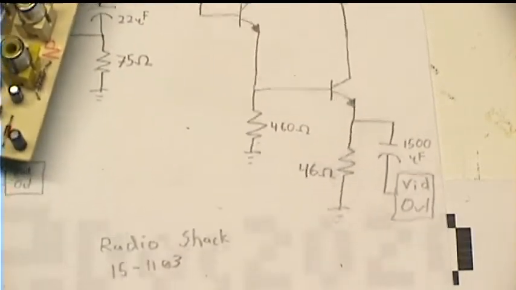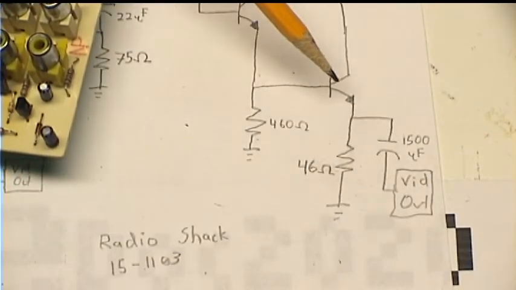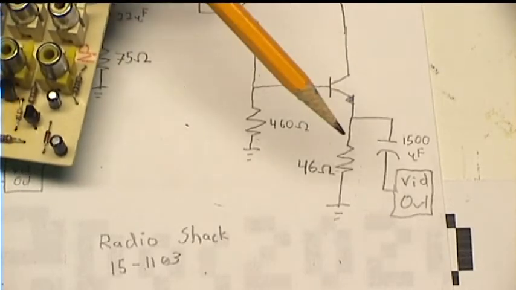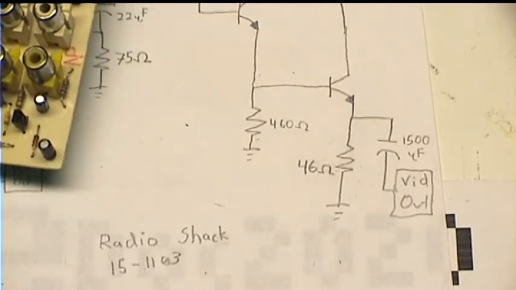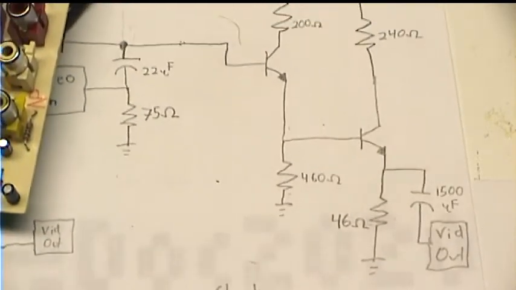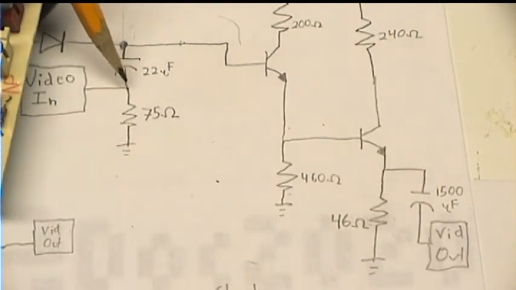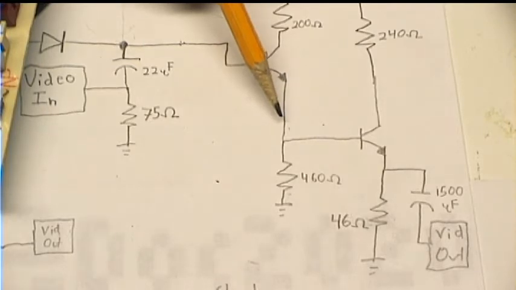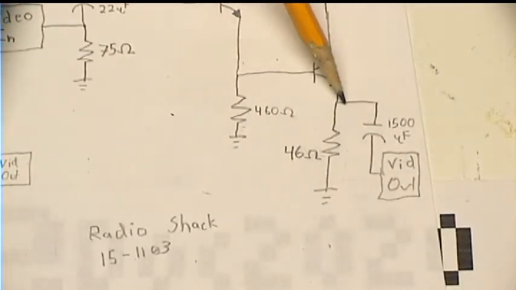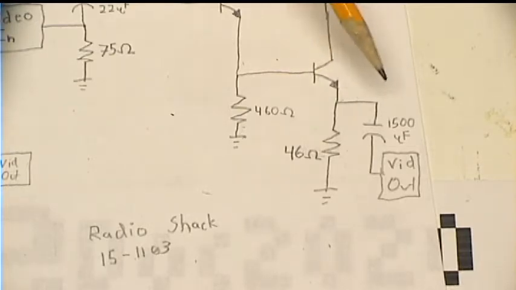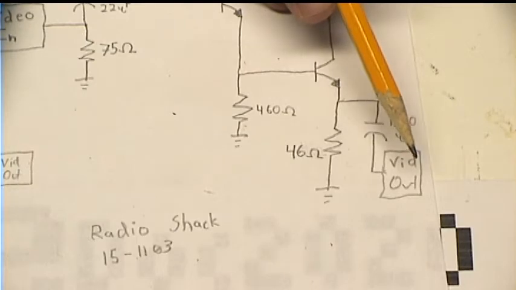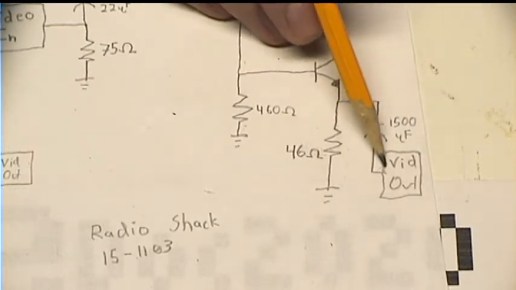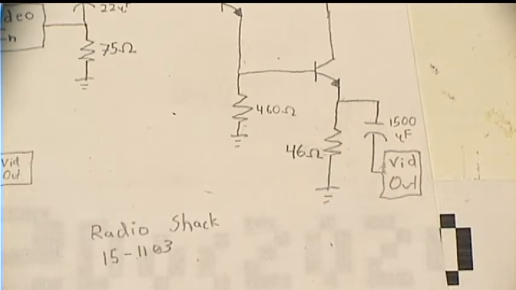And that feeds another emitter follower in like a Darlington pair. Basically, when the video signal goes up, this line goes up by the same voltage, and this line goes up by the same voltage, and this line goes up by the same voltage. And then this gets fed through a capacitor, which like we said is okay, and then the video out pin goes up by the same voltage as well.